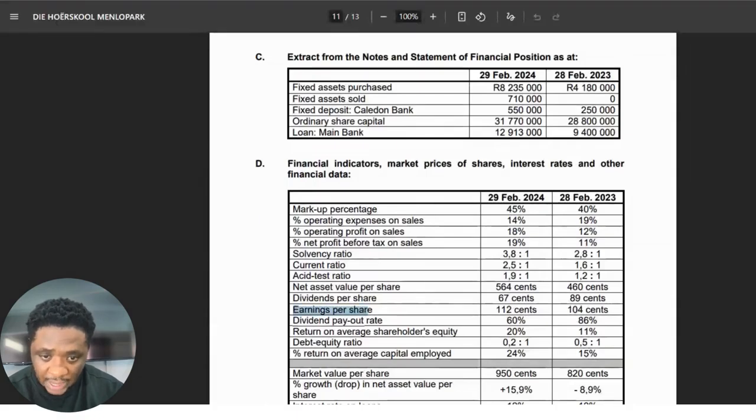All right, so if we look at our earnings per share, they were 104 cents in the previous year, and then in the current year, it is 112 cents. So this is something that the shareholders should be happy about. So we're going to start then with earnings per share.